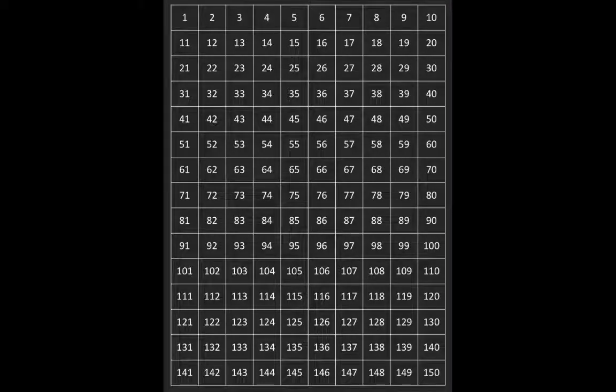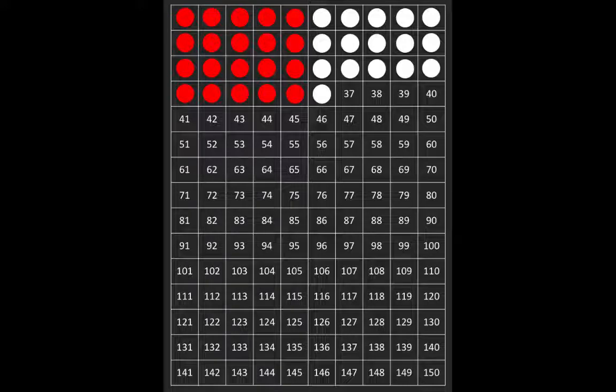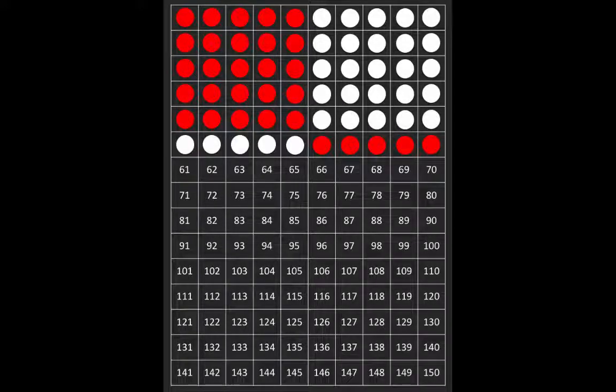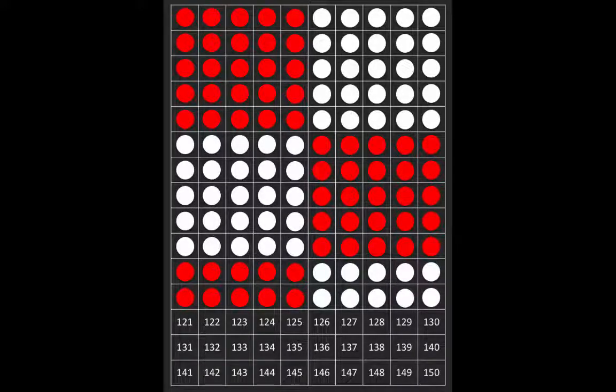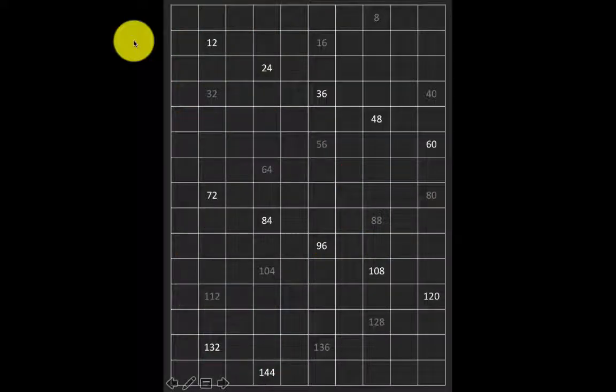Now let's count by 12. 12, 24, 36, 48, 60, 72, 84, 96, 108, 120, 132, 144. What patterns do you notice in the multiples of 12?